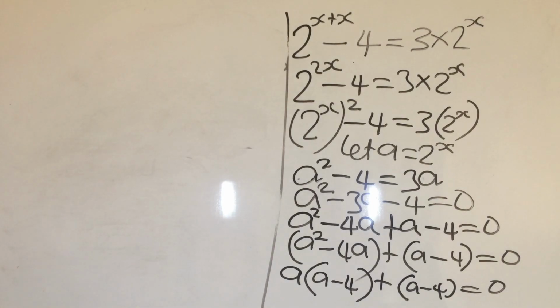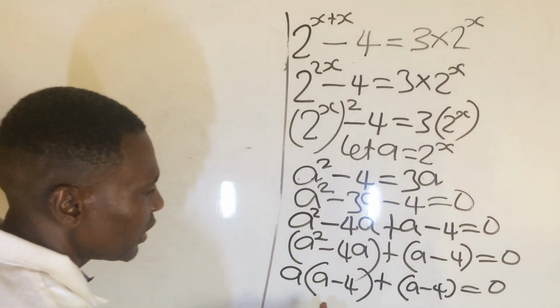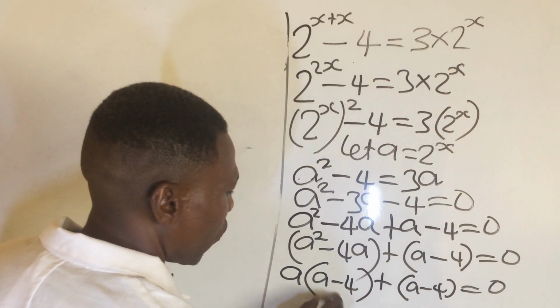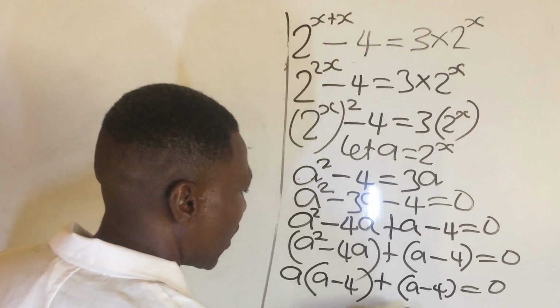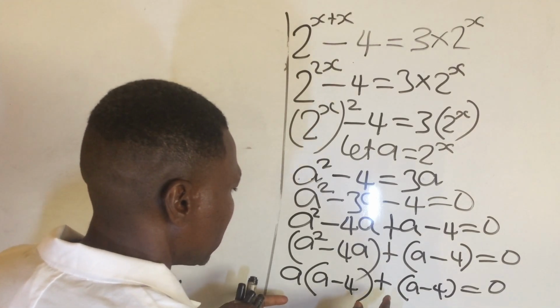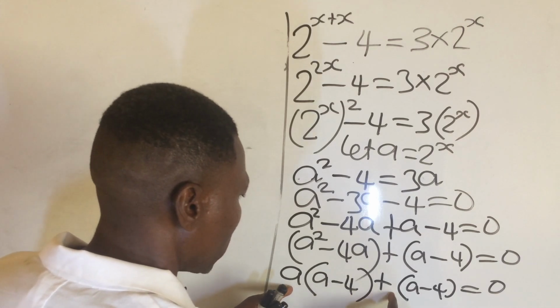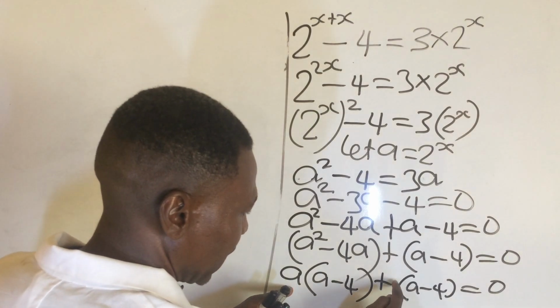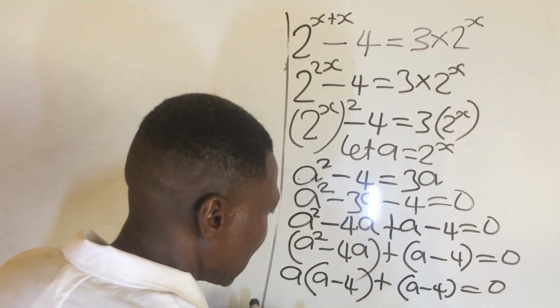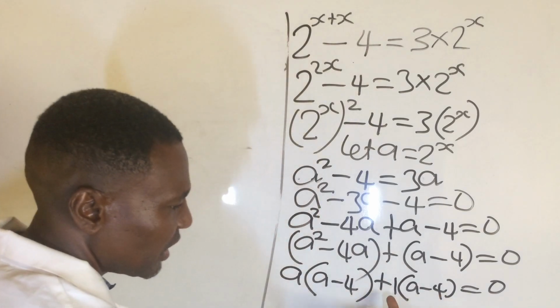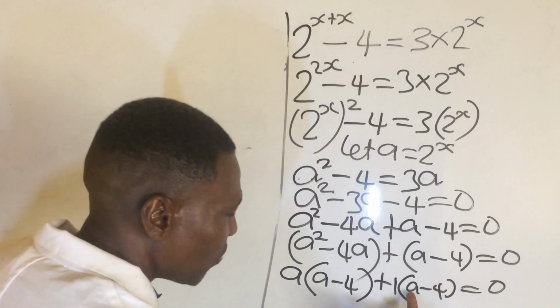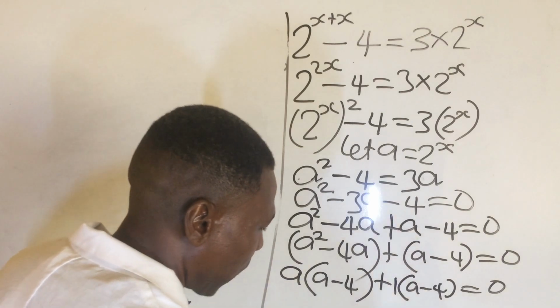Now, since we have succeeded in getting the same thing inside the bracket here, we will pick one of the brackets and choose the outer one. Remember, plus 1 is here, even though I don't write it. Even if I write it, it will never change anything. 1 times a will still be a, 1 times 4 will still be 4, okay?